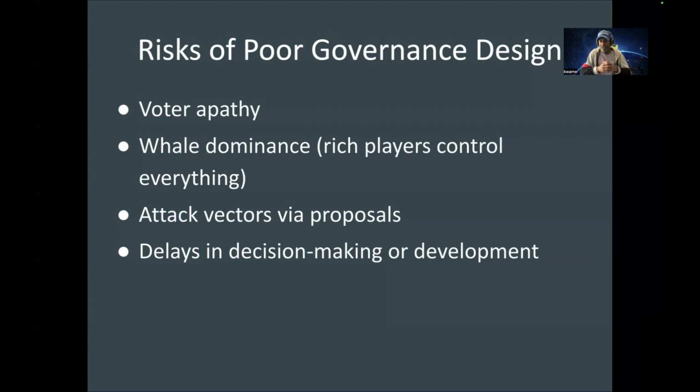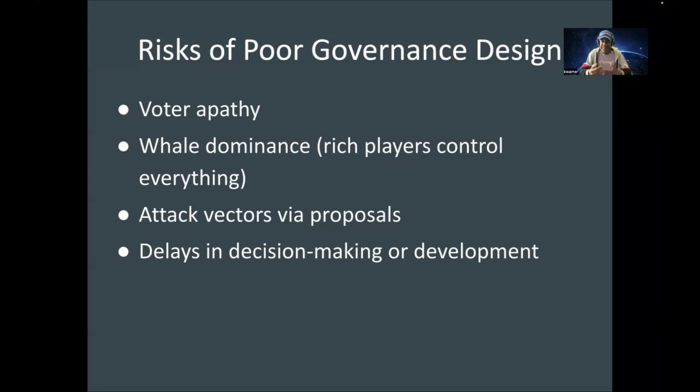Whale dominance: if you are writing a smart contract and you don't have whale protection, then one player with a large amount of tokens can basically obfuscate the vote, not for the betterment of the overall project, but for their individual gain.